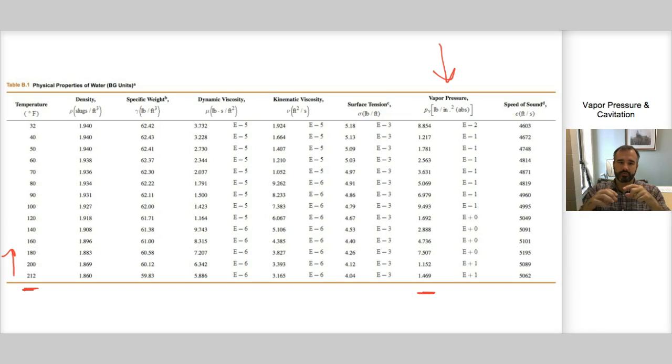When that happens, these bubbles form in the flow and move along, and then we get cavitation. When the pressure goes back up, those bubbles dissolve back into the water, and when they do, they collapse, and that can really cause severe structural damage. It can absolutely destroy a pump or a piping system.